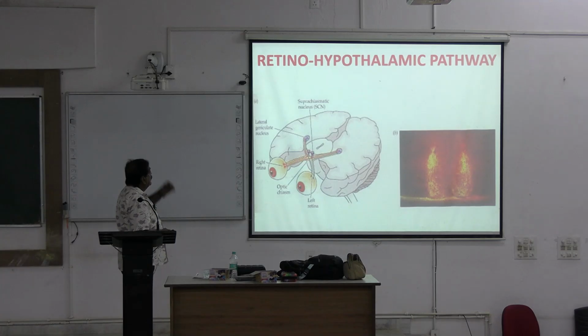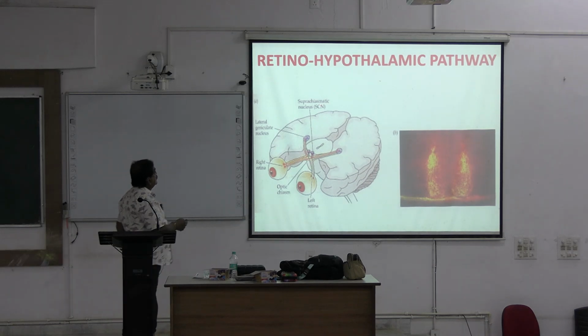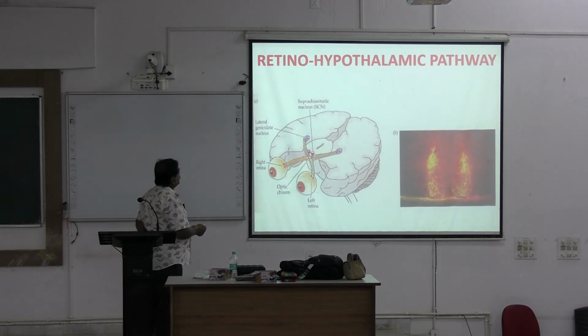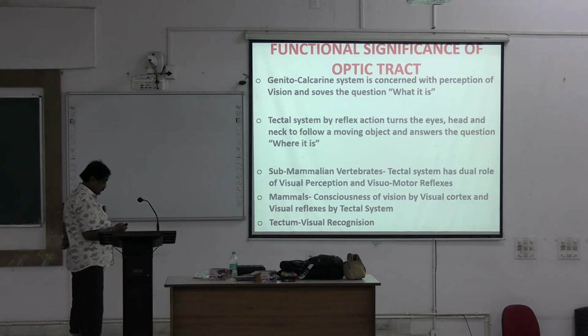Now, retino-hypothalamic pathway: the lateral geniculate body, lateral geniculate nucleus, the right retina, the optic chiasma, the left retina, and suprachiasmatic nucleus. Functional significance of optic tract.